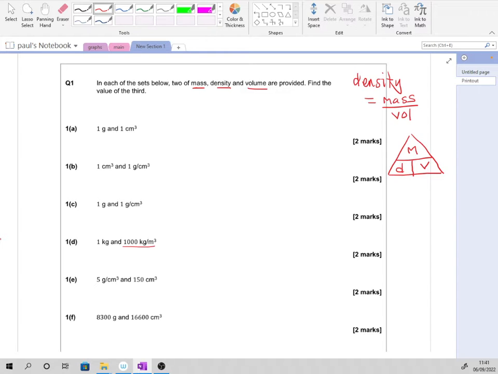So here we've got mass and volume, so we need to find the density. The density equals the mass divided by the volume, which is 1 divided by 1, which equals 1 gram per centimeter cubed.